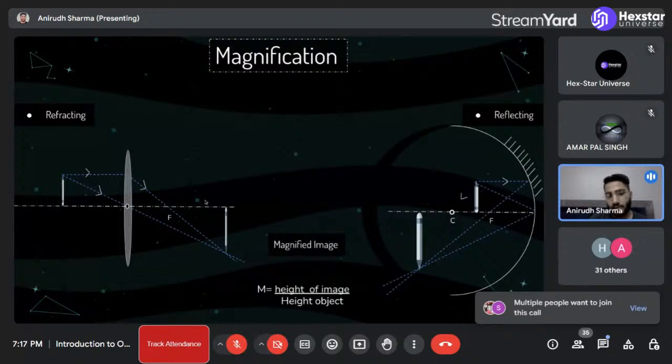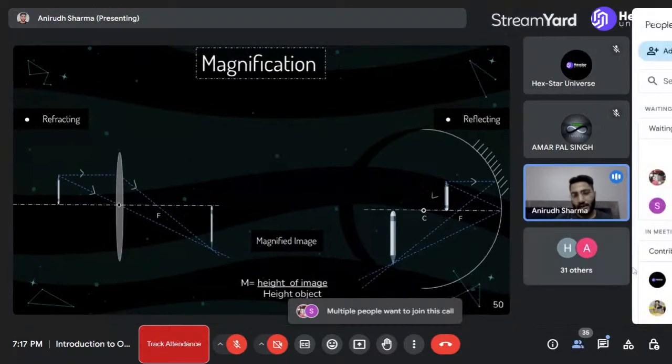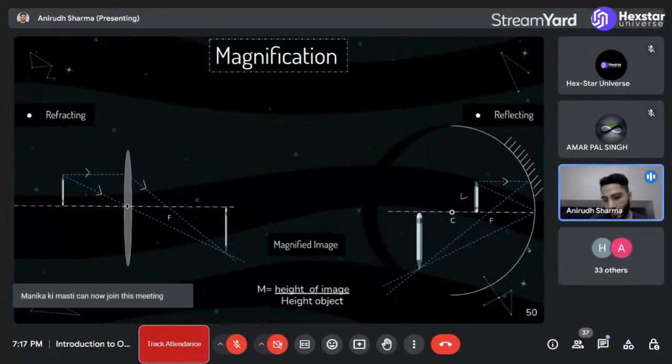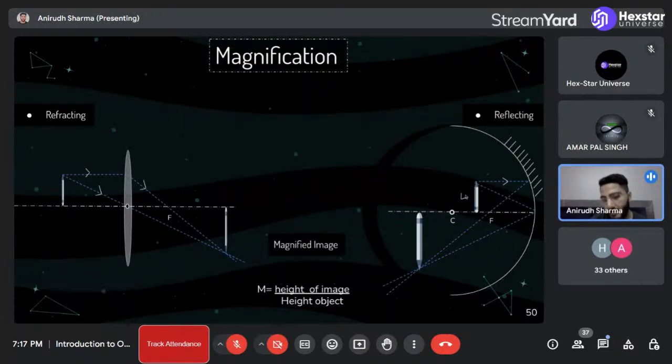That is because the rays that are incident on these lenses or mirrors reflect in a certain way. Let us imagine we have a spherical mirror here on the right. And let's say there is a pencil placed at this specific position between the center of the spherical mirror and the focus.